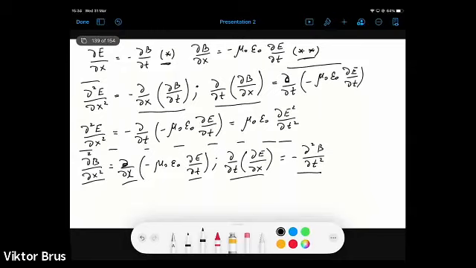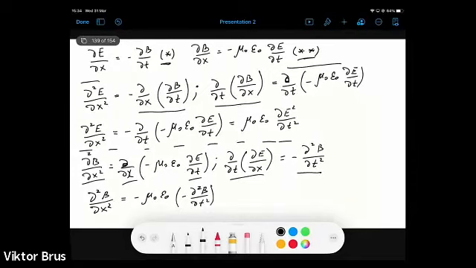And eventually we get d squared B over dx squared is equal to minus mu naught epsilon naught times minus d squared B over dt squared.